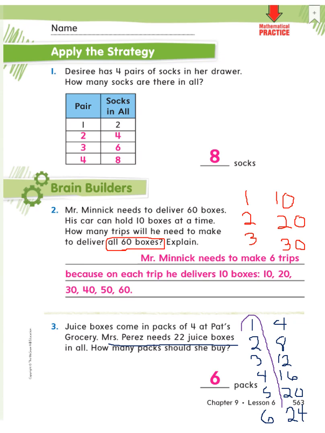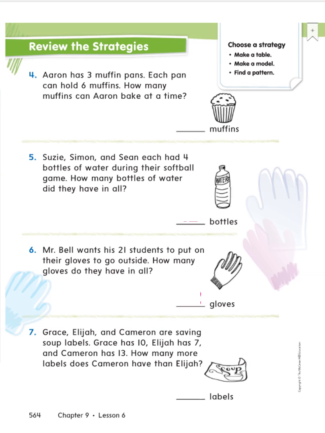Here we counted by ones, and here we counted by 4s. Let's move on. So what I want you to do is pause here and see if you can answer 4, 5, 6, and 7. I'll give you the answers in a moment.